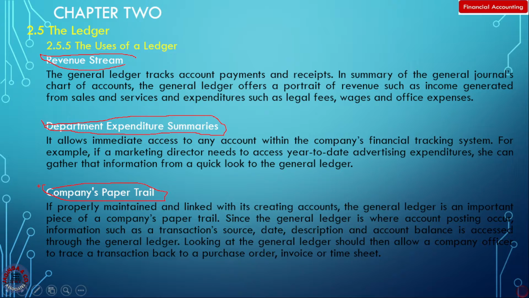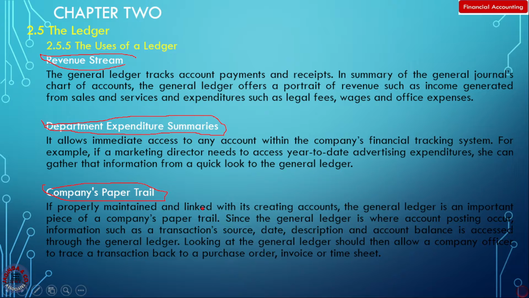Then the general ledger is a record of all past transactions of a business summarized into accounts. So the details of source documents will be put in accounts. And then the general ledger, being an umbrella of general ledger accounts, will have such kind of details. That's why we are saying it is a company's paper trail.